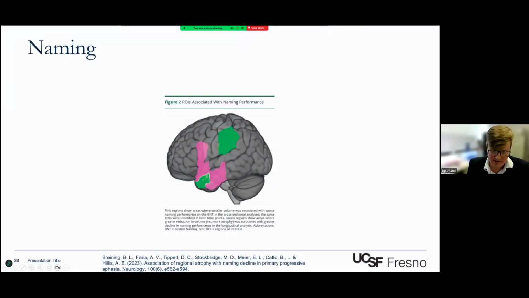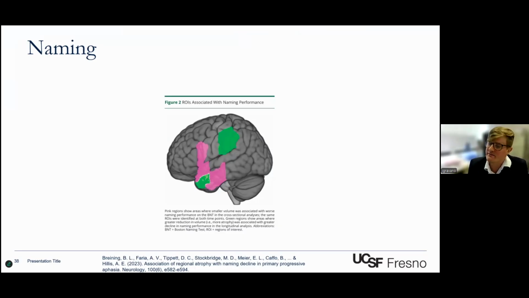So what are the underlying functional neuroanatomy things that are important to remember? Well, we know that the core assessed features of aphasia would be really important to look at. So I'm going to go over a couple of slides that show where differences in anatomy seem to correlate with behavioral measures. For example, this is naming.